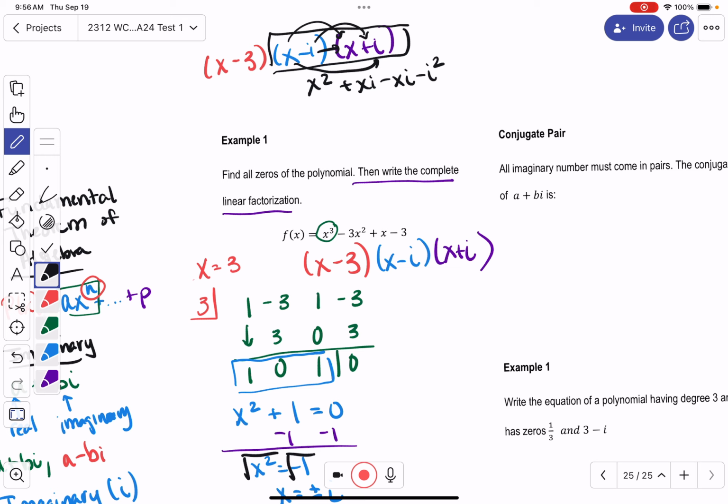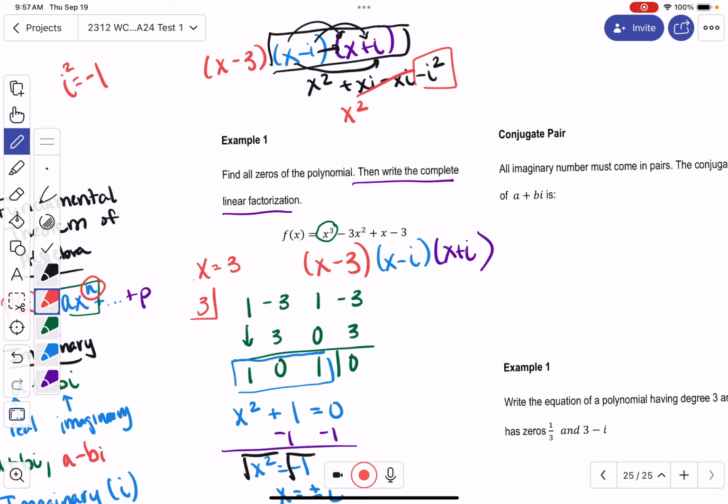So the xi terms are going to cancel. I'm left with x squared, and then this part, negative i squared. i squared is equal to negative 1 by definition, because i is equal to the square root of negative 1, so when you square the square root of negative 1, you get negative 1.